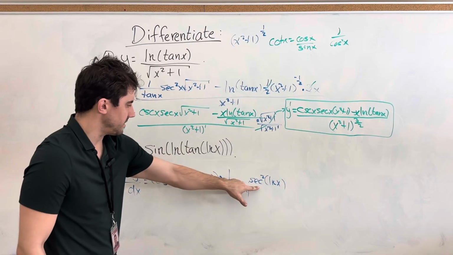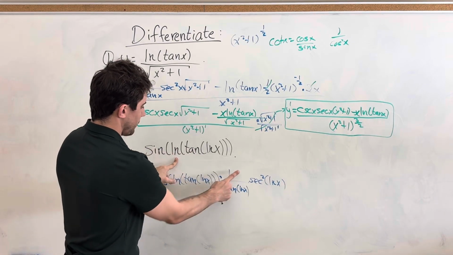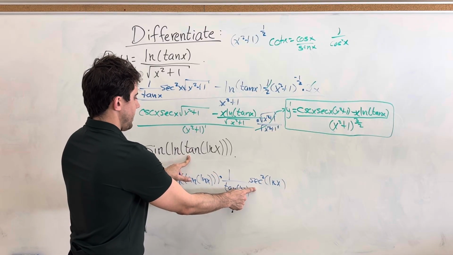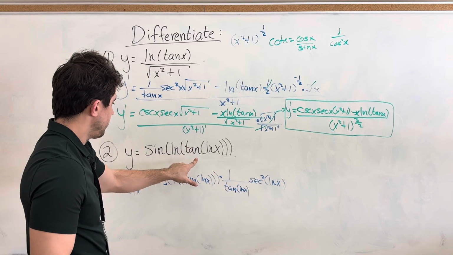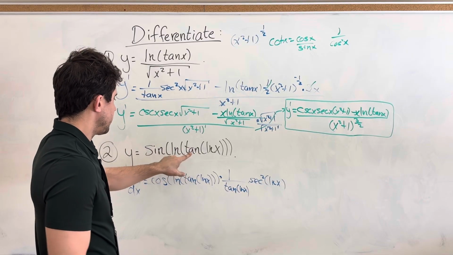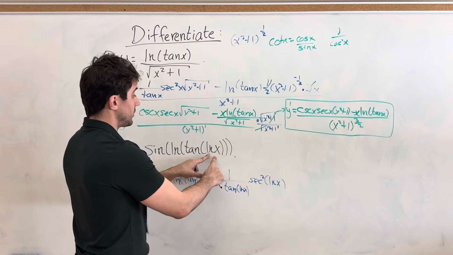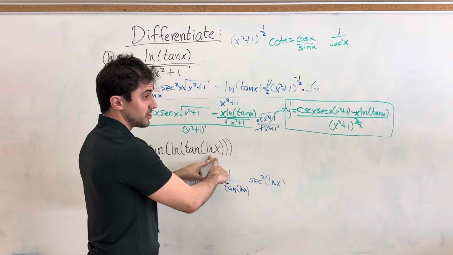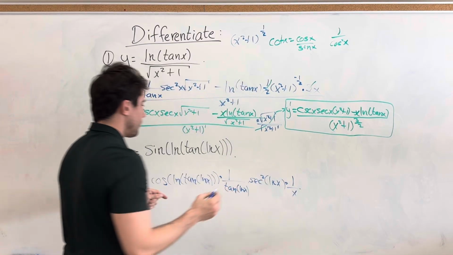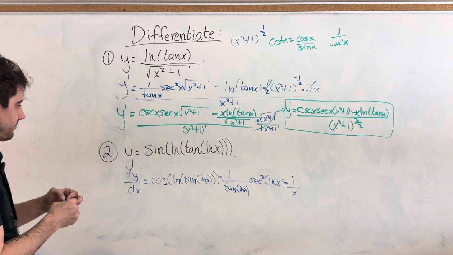The derivative of tan is secant squared, so that'll be ln, okay, ln of this is going to be 1 over that times the derivative of that. And then the derivative of this is going to be secant squared ln x times the derivative of ln x. And the derivative of ln x is 1 over x. There we have it. Yes, okay.